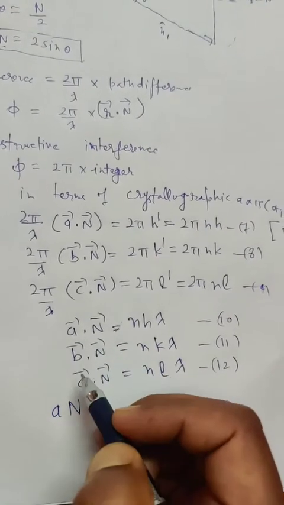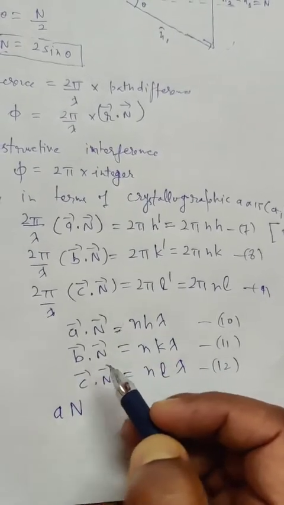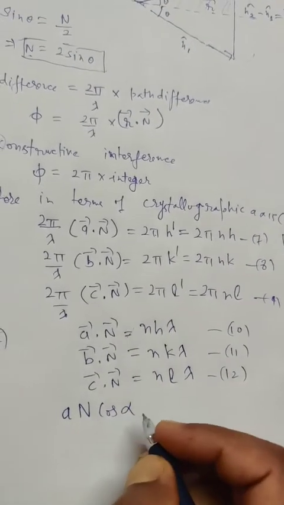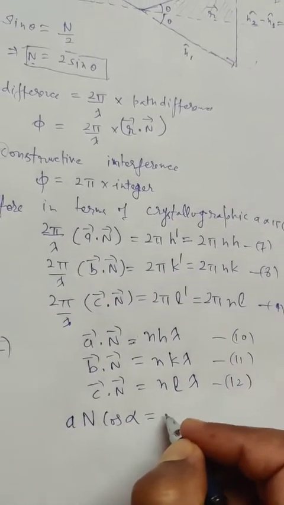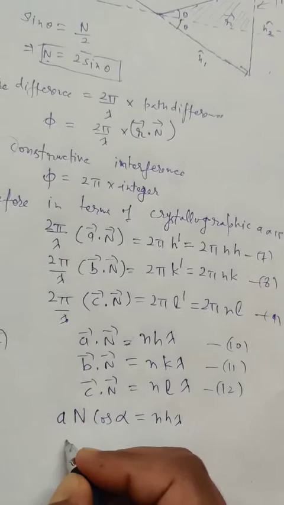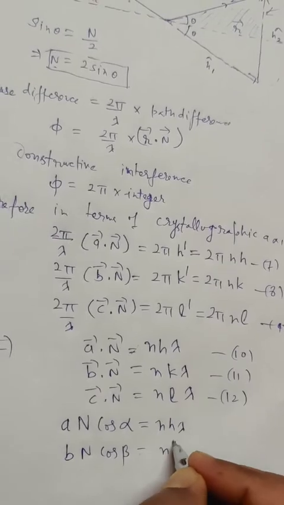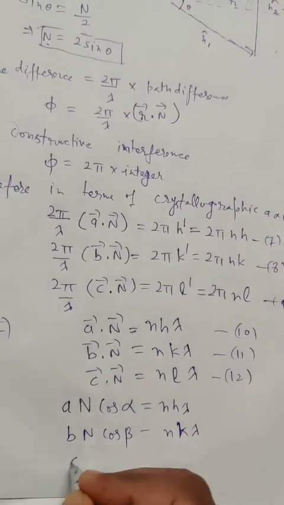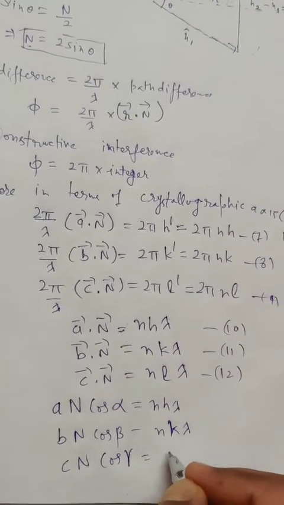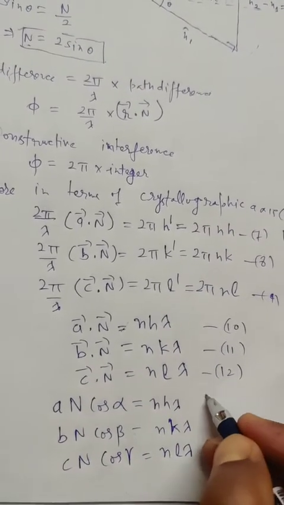Since these are primitives for the crystallographic axes, there will be interfacial angles alpha, beta and gamma. So this will be n h lambda, B n cos beta will be n K lambda, and C n cos gamma will be n L lambda. So these are the equations.